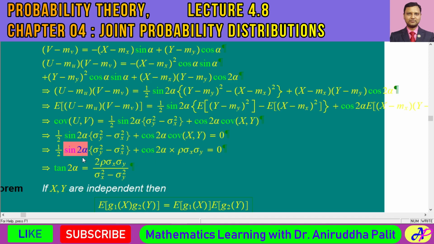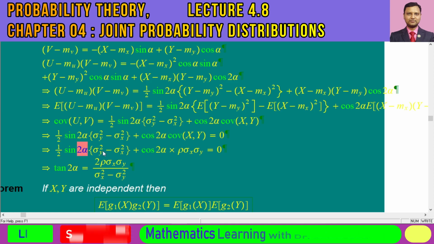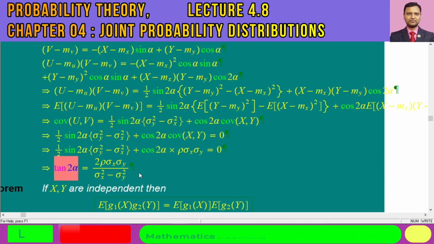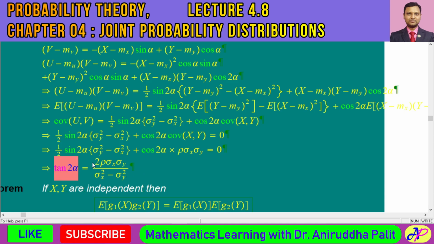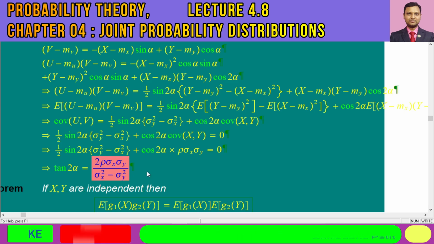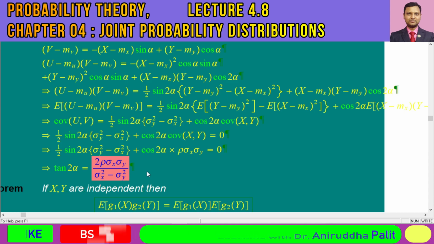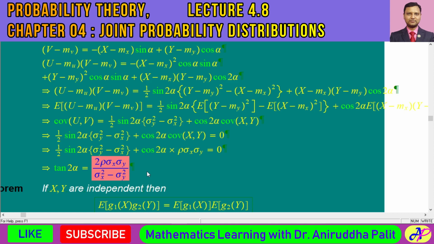We can make cross multiplication, then sin twice alpha divided by cos twice alpha will give rise to tan twice alpha. So tan twice alpha is equal to twice rho into sigma x sigma y divided by sigma x square minus sigma y square. So we have this relation over here.